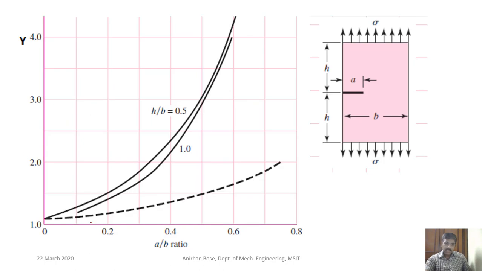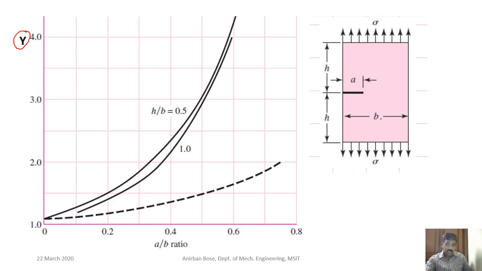Let's look at some of the Y values. Here you can see on the Y axis there is the Y value, the modification factor, and in some books you will find that this value is written as beta. Anyway, here it is given as Y. It depends on the loading. Here you can see axial loading on a plate with a surface crack.